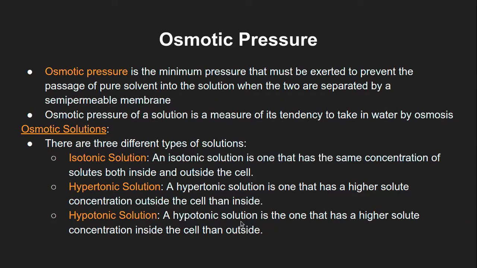Now, a hypotonic solution is the one that has lower solute concentration, relative to the other side. So it is always relative, inside to outside or outside to inside. Depending on that, we always mention where that low concentration is, whether it's inside or outside.